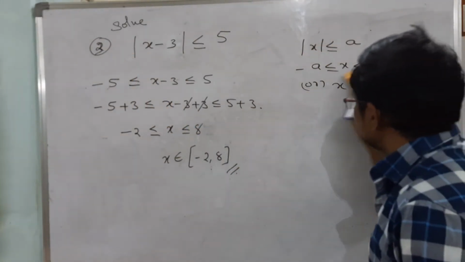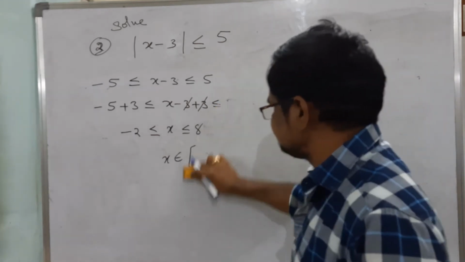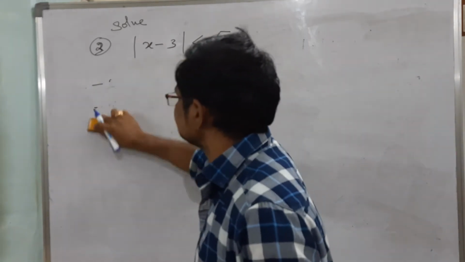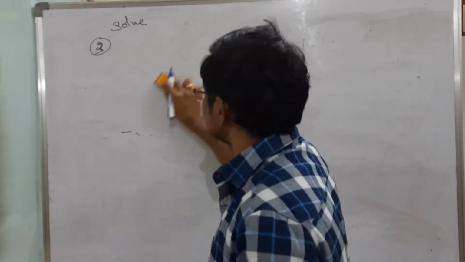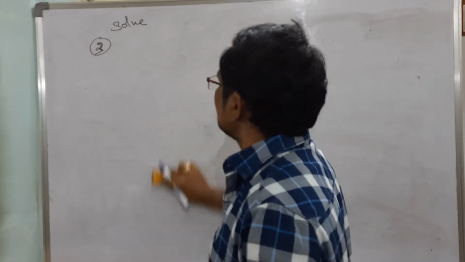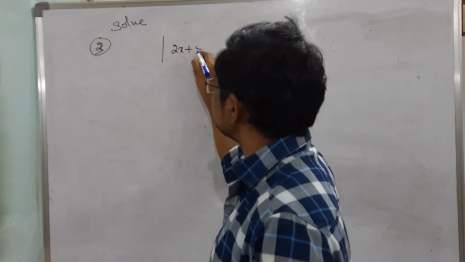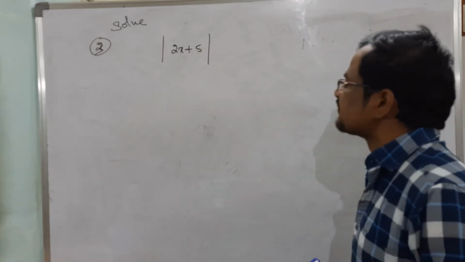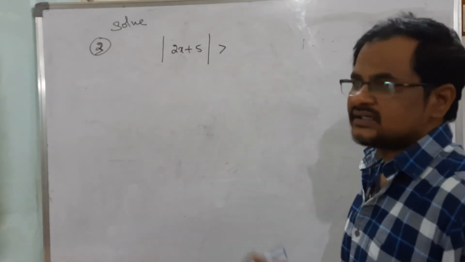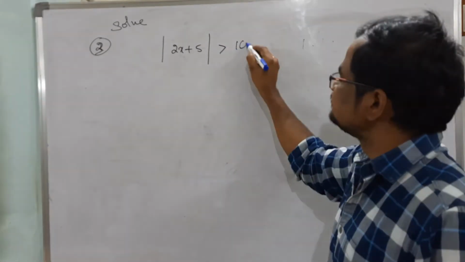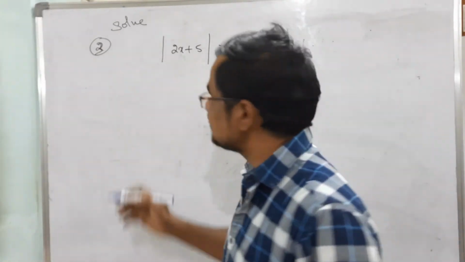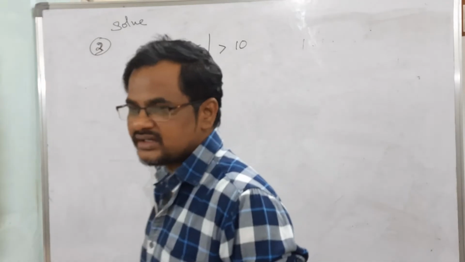Next, take the fourth one. Suppose they have given modulus of 2x plus 5 greater than 10. Solve the inequality.